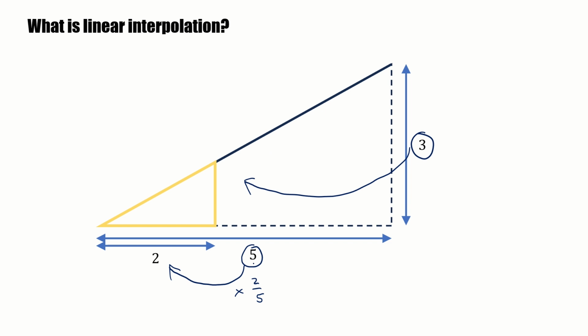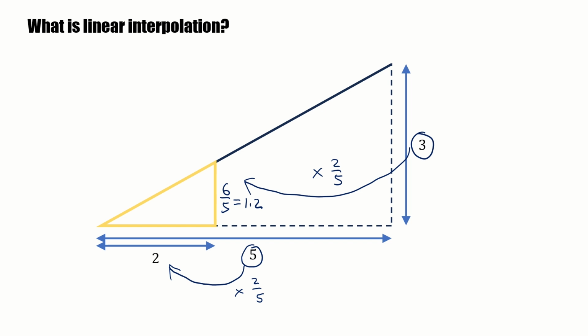So if I multiply the widths by 2/5 to get from the bigger triangle to the smaller triangle, I've got to multiply the height by 2/5 as well. Therefore, the height of the smaller triangle is going to be 6/5, or in other words, 1.2.